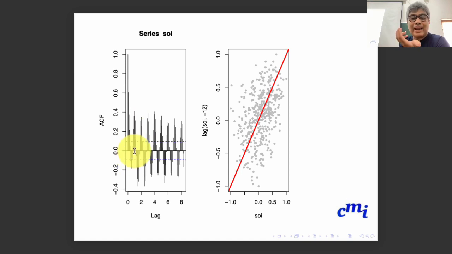Then I look into what lag that is. It may be lag 1, which is the annual lag, and then you take the lag 12 scatter plot, and it makes sense that the annual scatter plot will be highly correlated. Does that answer your question?